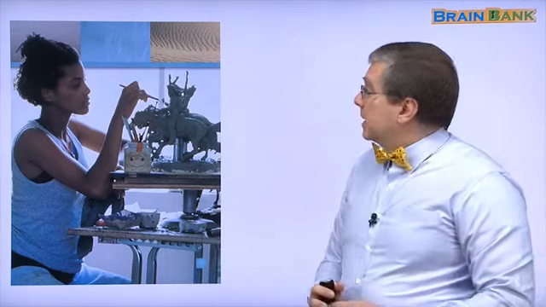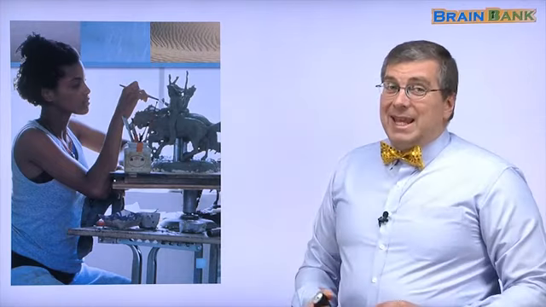Let's look at this woman. What is she doing? She is making a sculpture. What do we call her? We call her a sculptor. Good job. Now, what material is she using? Well, we can look at her tool. Do you see the tool she is using in this picture?